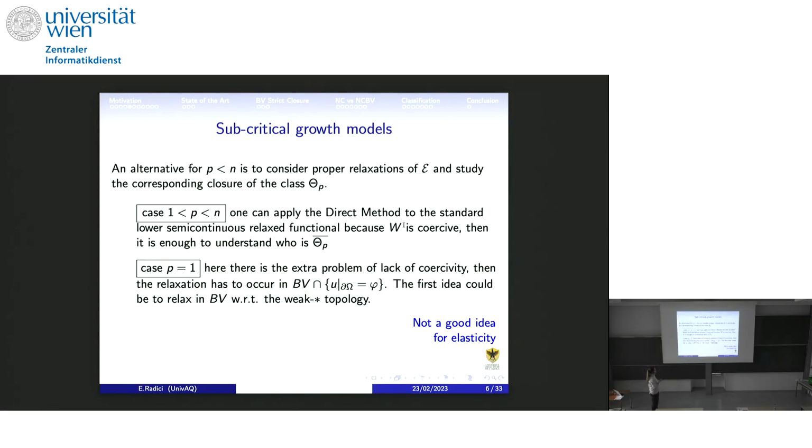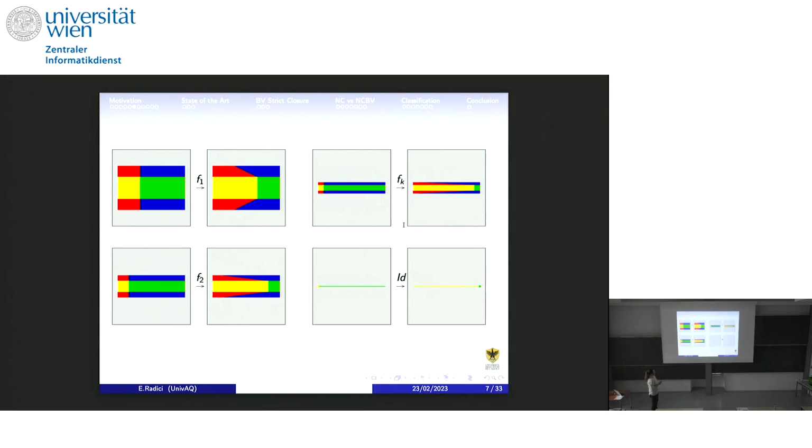Let me show you why. So, first picture. You can imagine having a sequence which is the identity in the gray part, mapping the unit square to the unit square. And then the colored rectangle is mapped onto the colored rectangle, and the colors are matching.